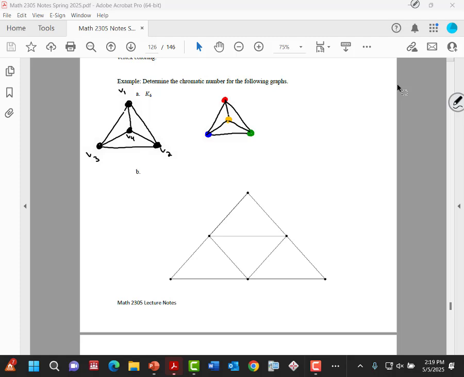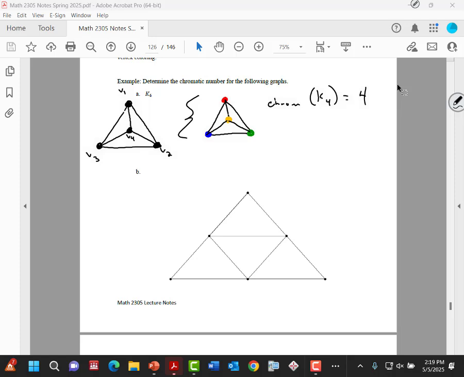And so if you notice right here, we have done what is called a proper coloring of K4 in such a way that no 2 adjacent vertices are colored the same color. So we would say the chromatic number for K4 is in fact 4. Why? It took me 4 different colors, red, green, blue, and orange, to color these vertices.